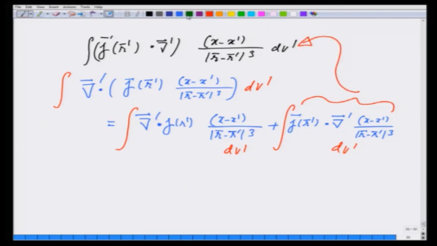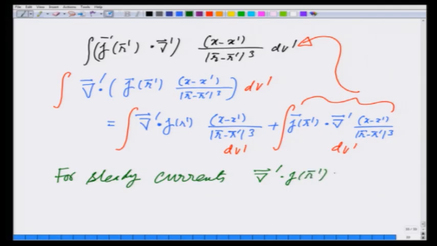Now, for steady currents, del prime dot j r prime, which otherwise is minus d rho r prime by dt, is 0. Otherwise, it will be minus d rho r prime by dt, but right now it is 0 for steady currents only.